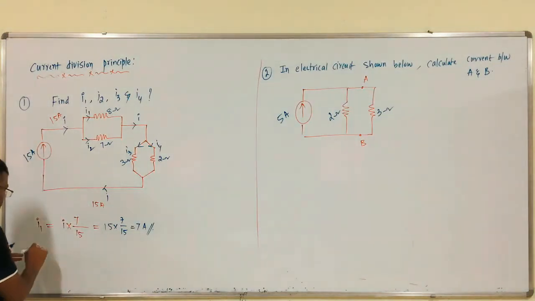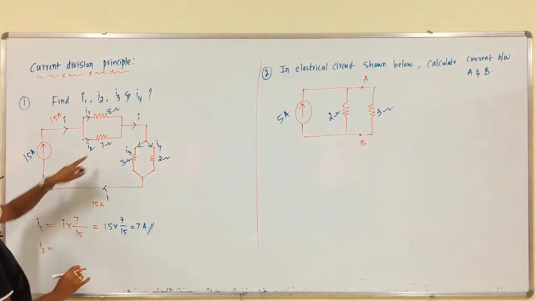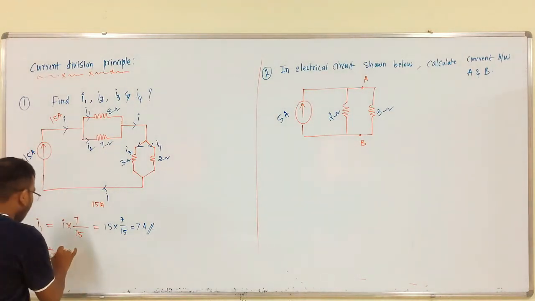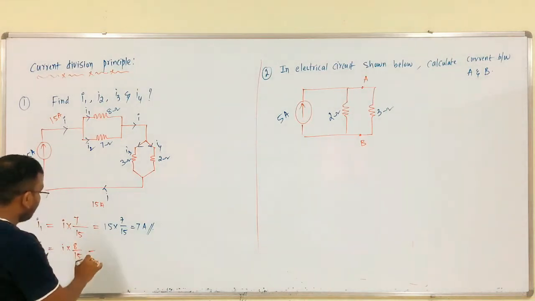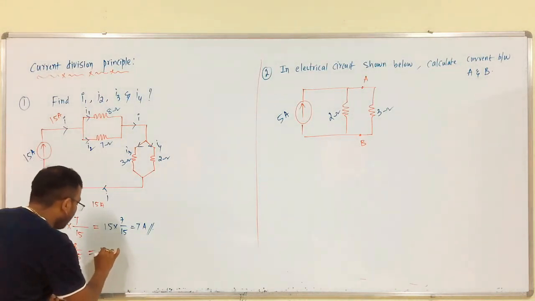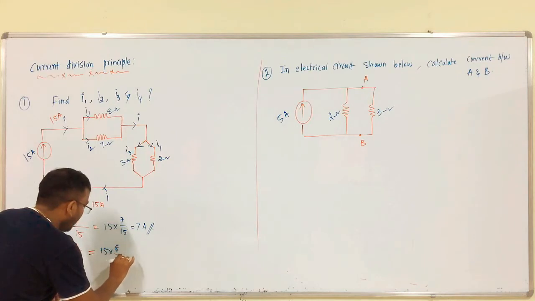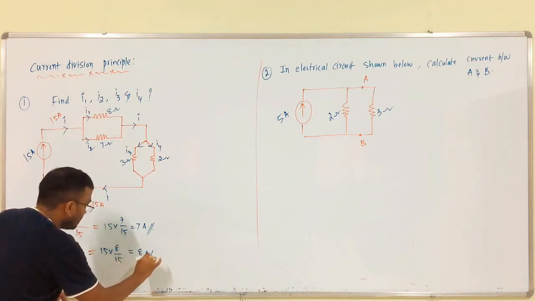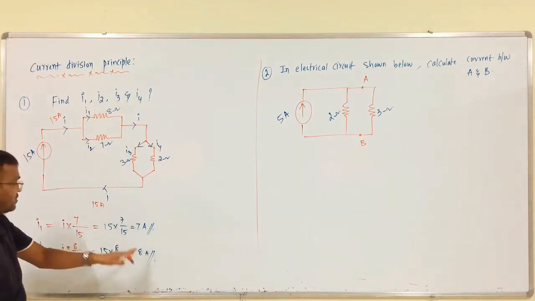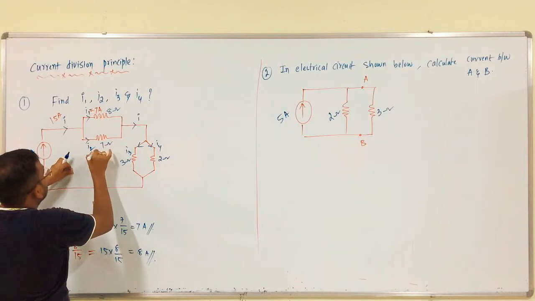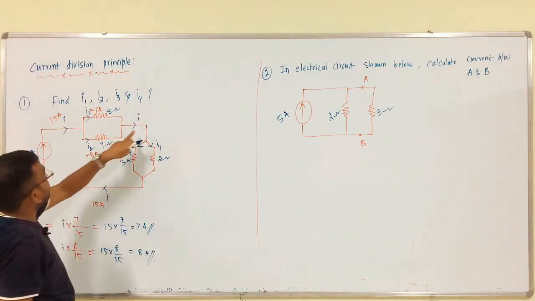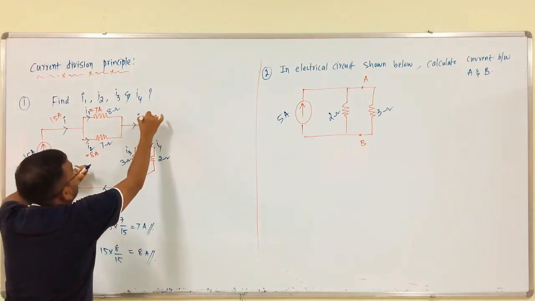Like this, I2 is I into 8 by total resistance 15, which equals 15 into 8 by 15, which equals 8 amps. So, I1 is 7 amps, I2 is 8 amps. Again 7 plus 8 equals 15.